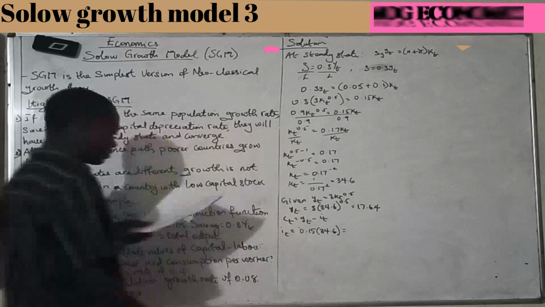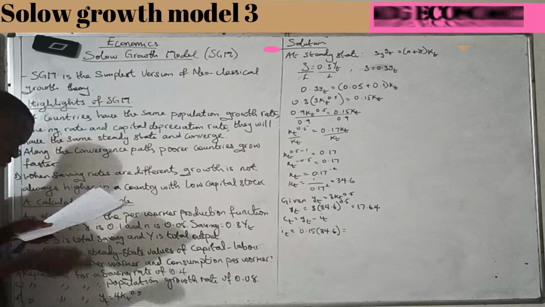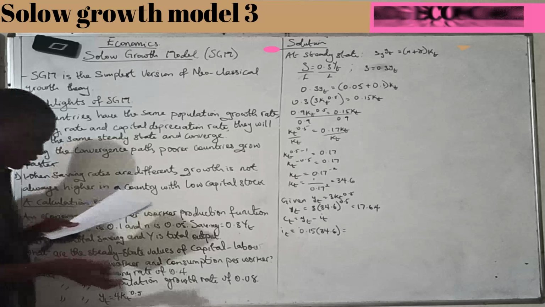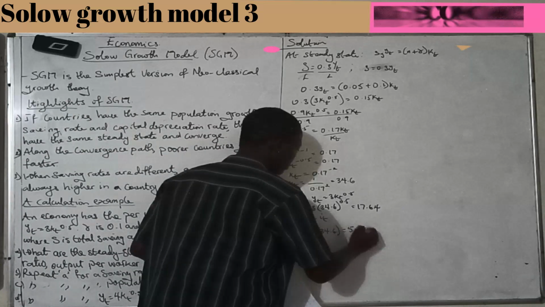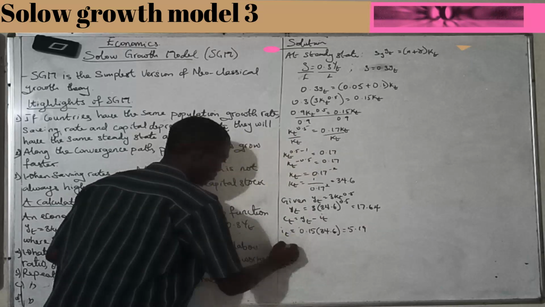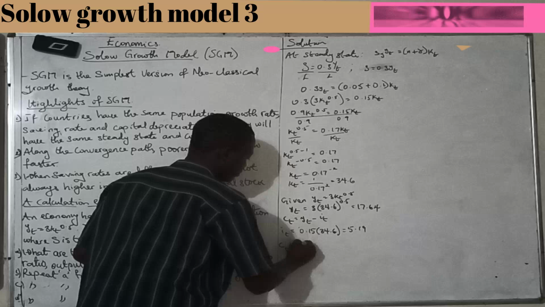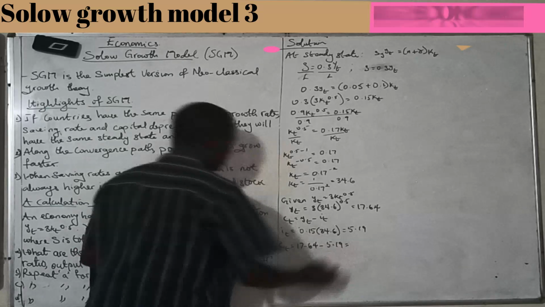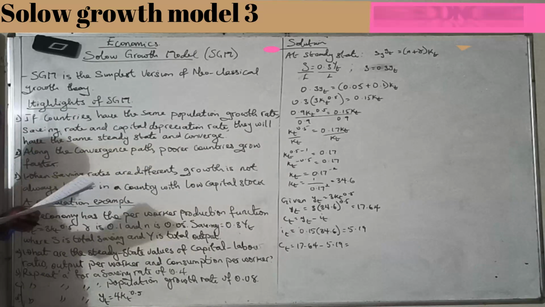So 0.15 multiplied by 34.6, let me write it, is 5.19. So consumption per worker equals 17.64 minus 5.19.